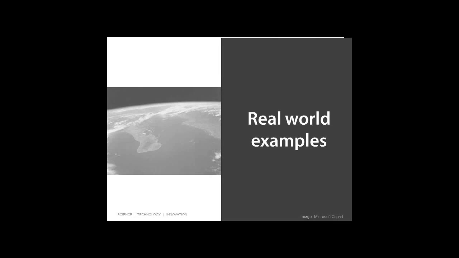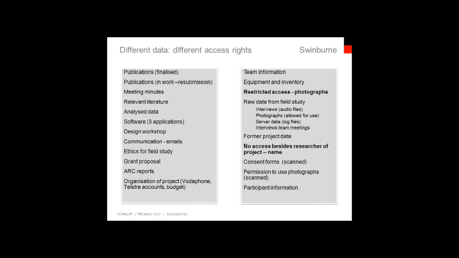The value of having a researcher in the room was that we could actually give some real-world concrete examples of what data looks like and how we might need to manage it, and what the differences between kinds of data are for access and ownership and even the ability to share. So this was one of Sonia's slides about the kinds of data she had collected through one of her projects.